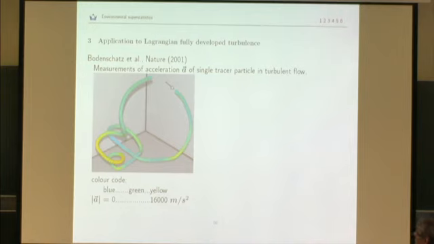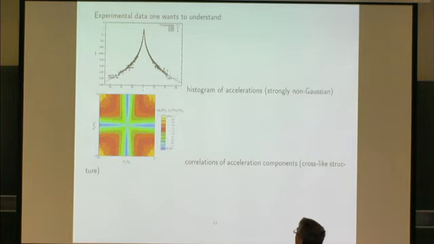So these measurements have been done for the acceleration of the test particles, and then naturally you do probability densities of these accelerations in the turbulent flow, and that is what Bodenschatz and others got. On the vertical axis you have the probability to see a particular acceleration A, and on the horizontal axis it's the acceleration in units of the standard deviation.